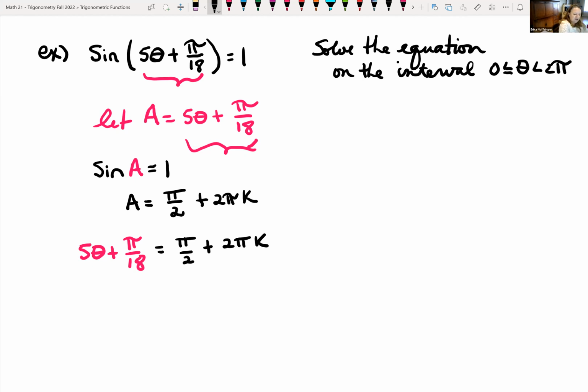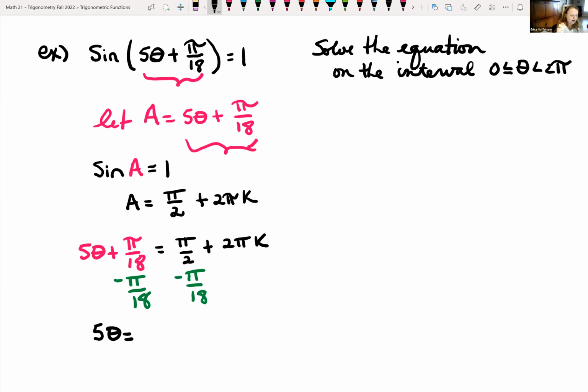First thing we would do is subtract pi 18ths on both sides. So we get 5 theta is equal to, well, common denominator would be 18, so 9 pi 18ths minus 1 pi 18ths.